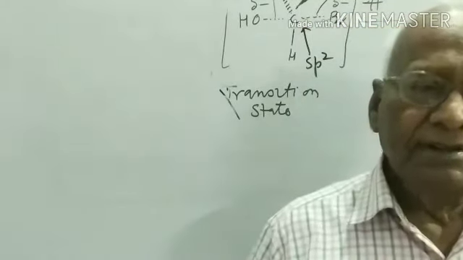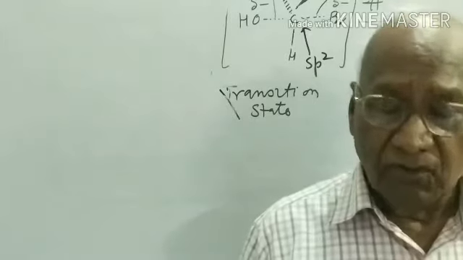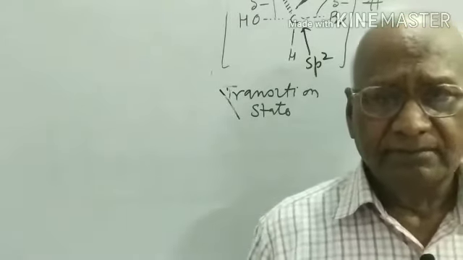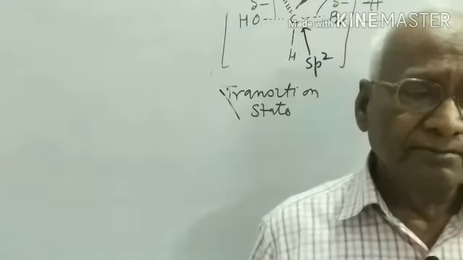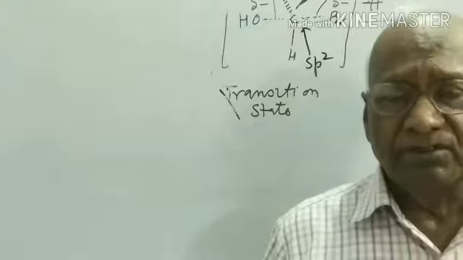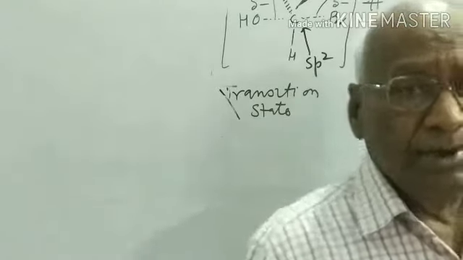But in this case it is not so. Why not? Because this is a single step mechanism. There is no choice of selection of steps. So, formation of the transition state is the rate determining step.